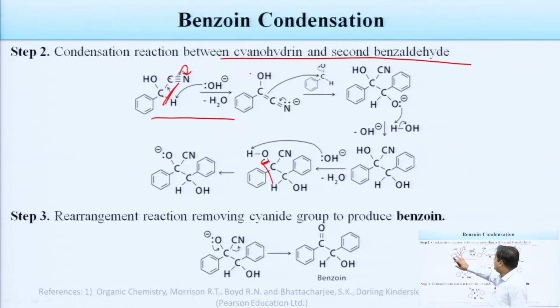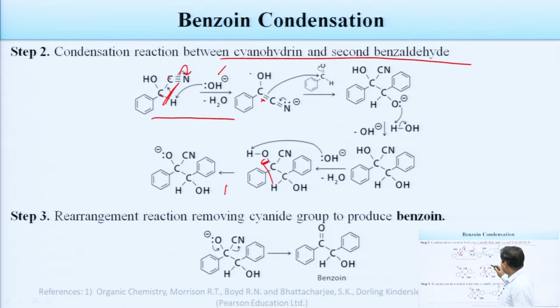Hydrogen will be removed as a positive ion, which will be added to the hydroxyl ions. So, 1 mole of water will be removed and there is a formation of a double bond between the carbonyl carbon, as you can see, and the cyanide carbon. As you can see, this is a formation of new double bonds.